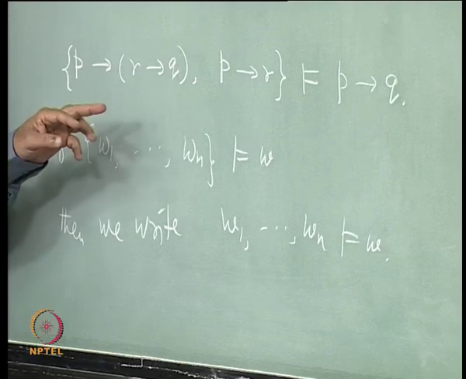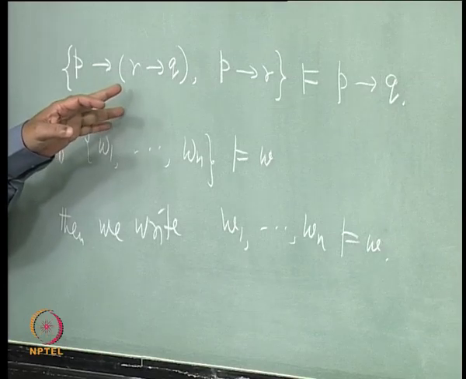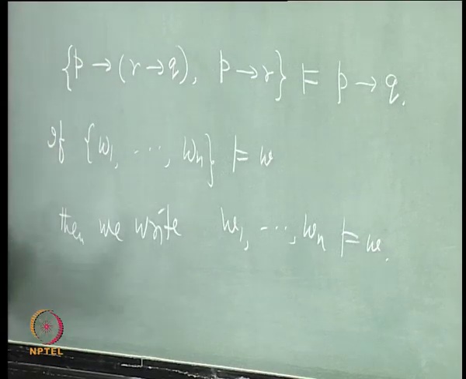Now, how to validate whether this is valid or not? You have to go for interpretations and see what are the models of this. So, one is you can take the truth table. Okay, let us construct the truth table.